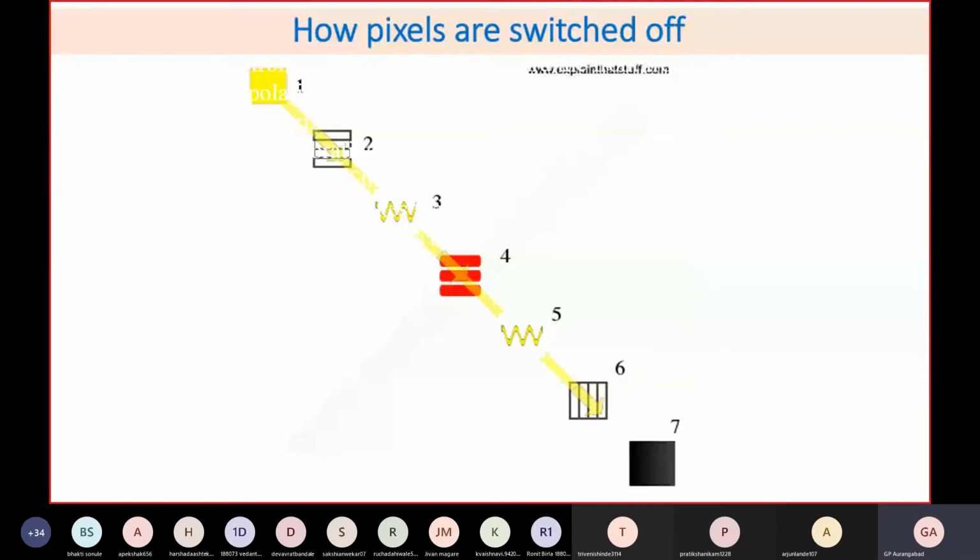As you apply certain potential, because of the application of potential, the LCD will be in what we call an untwisted state. When it is in the untwisted state, the horizontally polarized light passes through as it is.